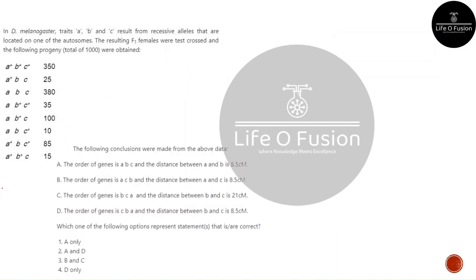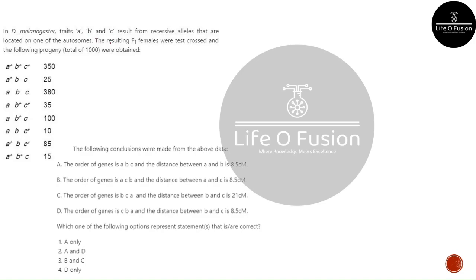So next, one more important question from genetic mapping. In Drosophila melanogaster, traits A, B and C result from recessive alleles that are located on one of the autosomes.